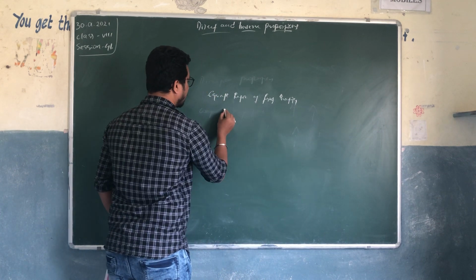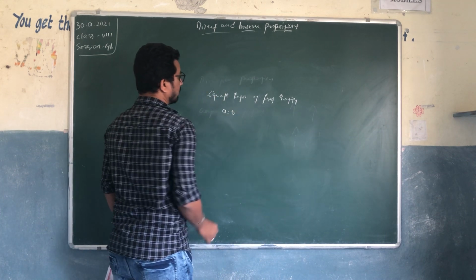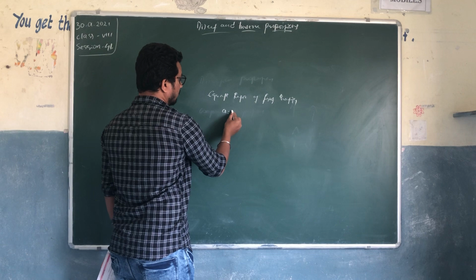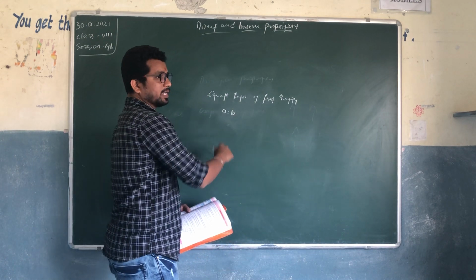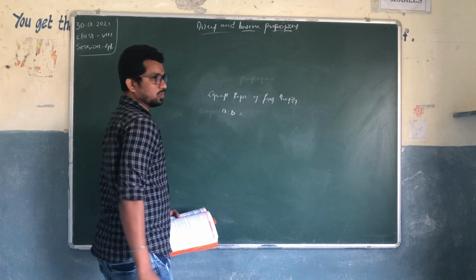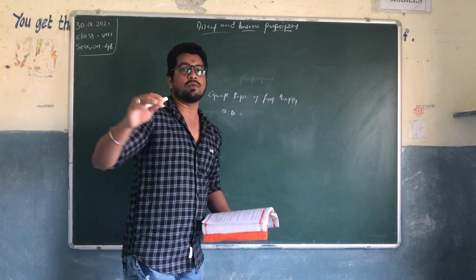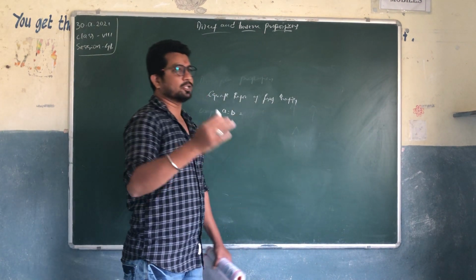Let us assume it as A is to B. This will be equated to the compound ratio of the other two.